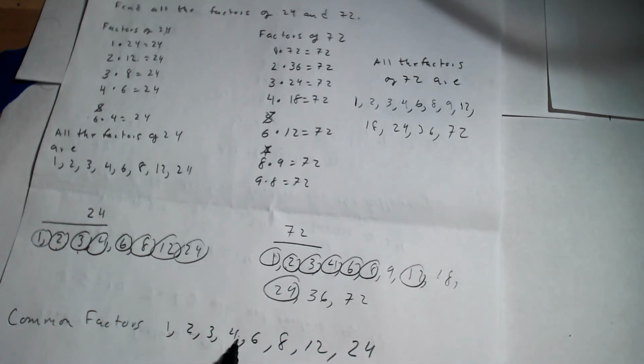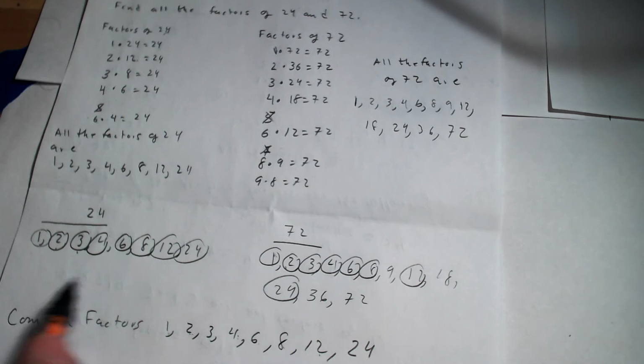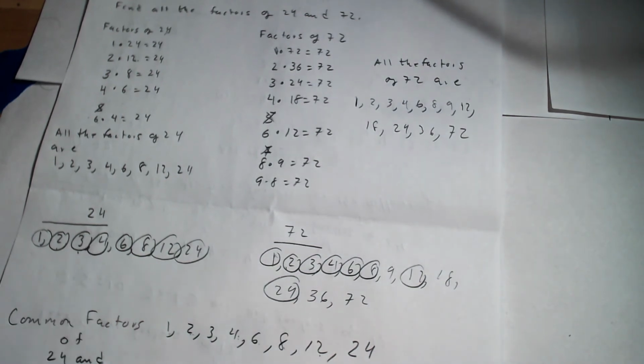So 1, 2, 3, 4, 6, 8, 12, and 24 are all the common factors of 24 and 72.